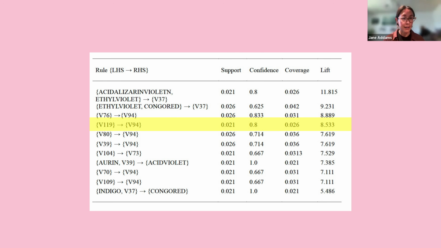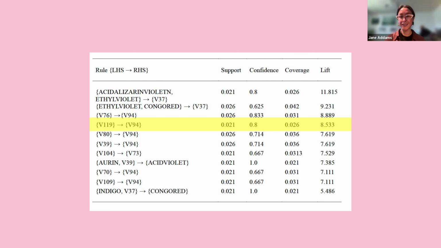The one that is highlighted is saying if sample V119 shows up, then sample V94 is likely to show up. And these are the analytical support numbers for that. Lift is a measure of the strength of each rule, so the higher the value, the stronger the association.